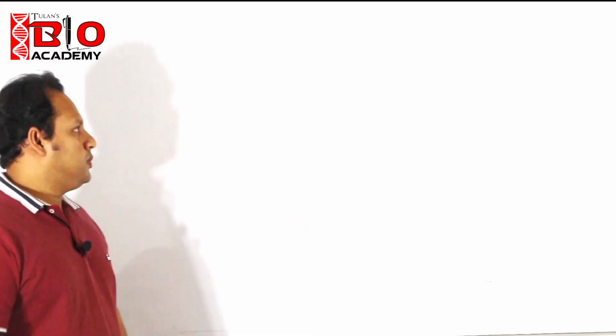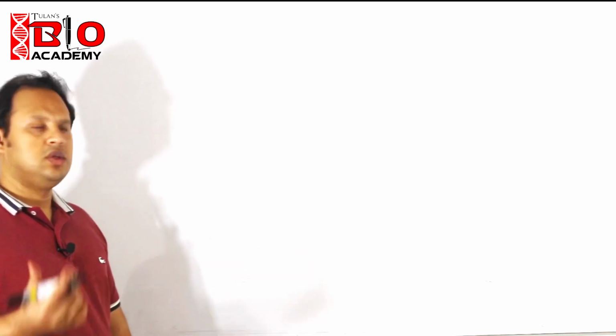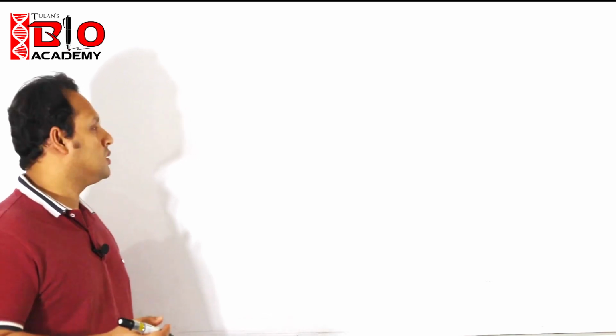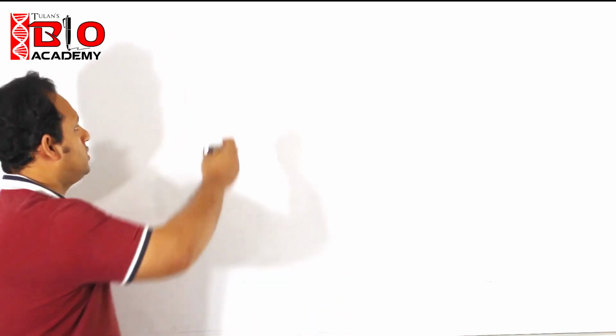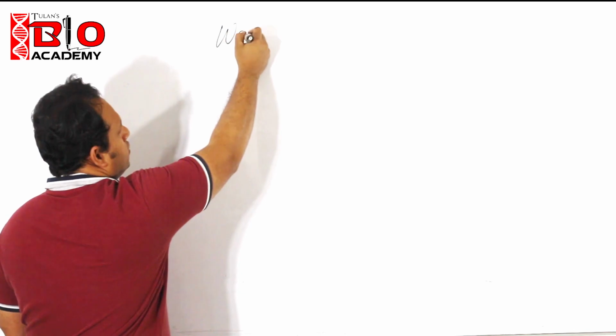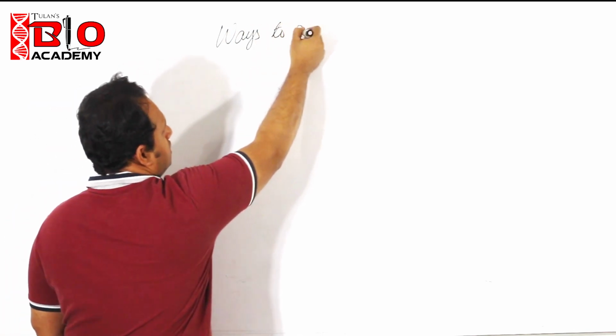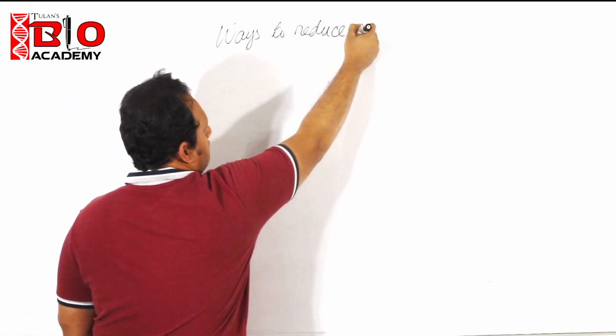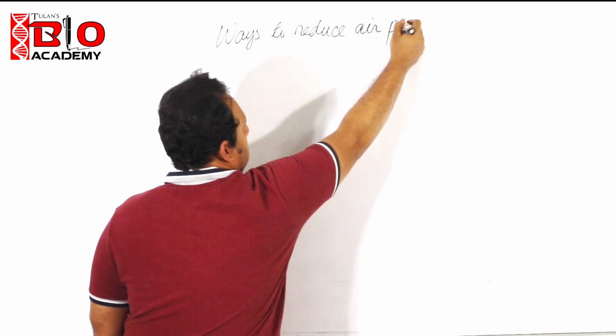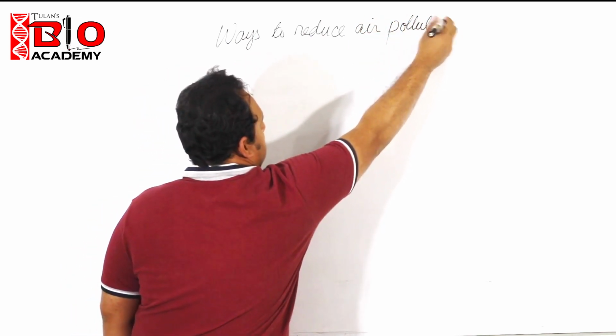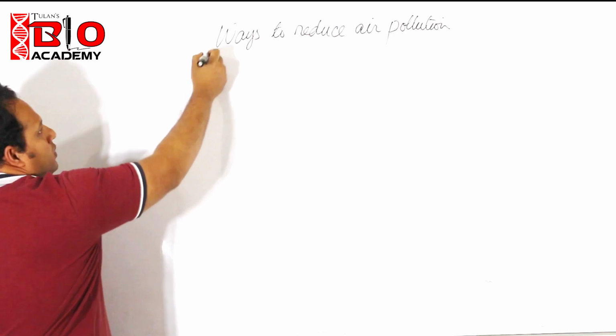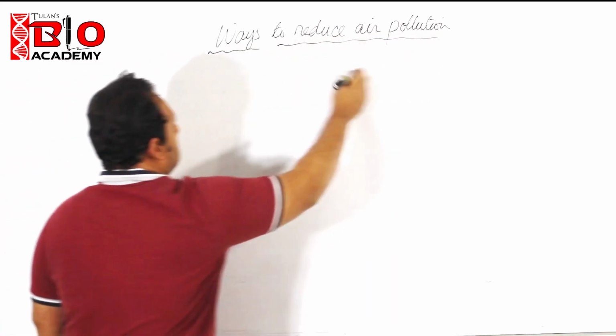Next, we will talk about how to reduce this air pollution that we were talking about, the sulfur dioxides and the nitrogen dioxides and the carbon dioxides. So ways to reduce air pollution. There are several ways that we can do.